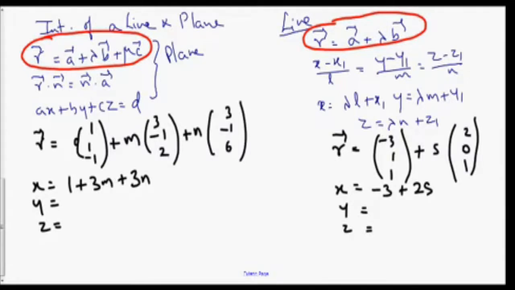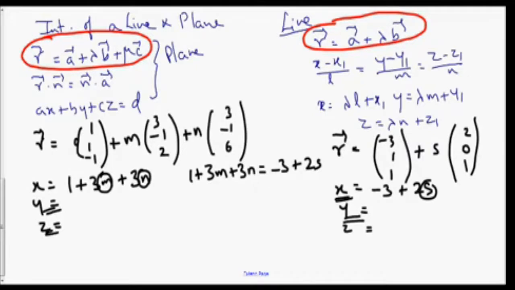So you have three simultaneous equations, in fact six of them, but you have m, n and s to be solved. You can equate 1 plus 3m plus 3n to the x of this, which is minus 3 plus 2s, and y of this to y of this, and z of this to z of this. So you'll get three simultaneous equations in m and n and s.